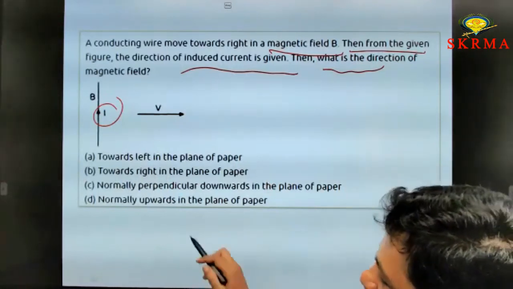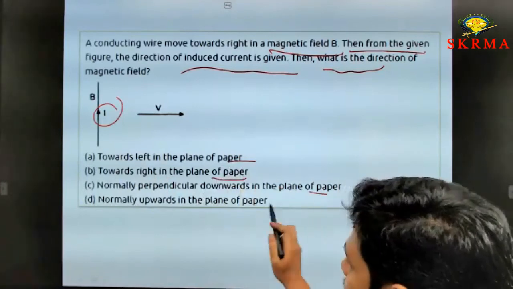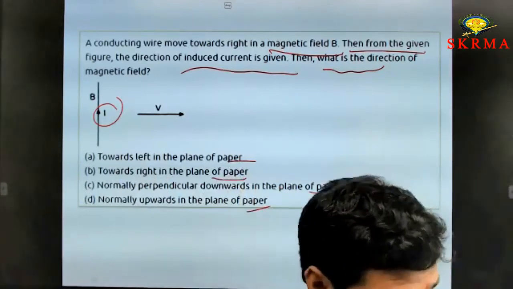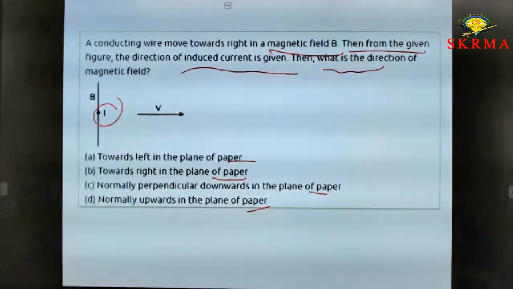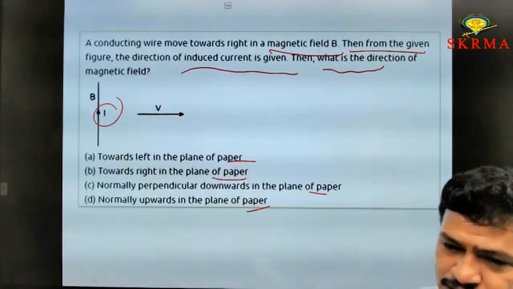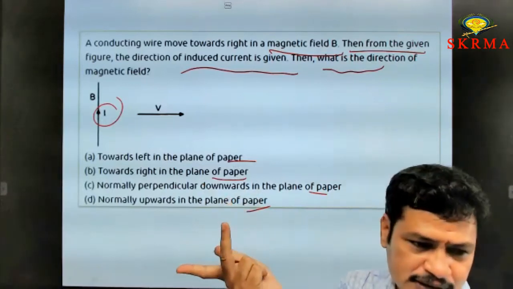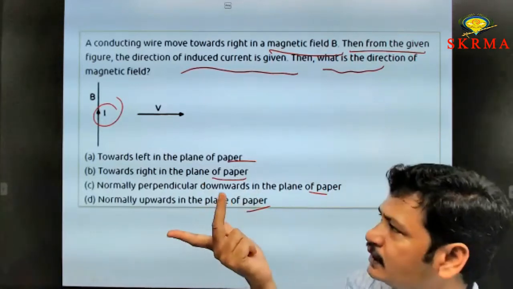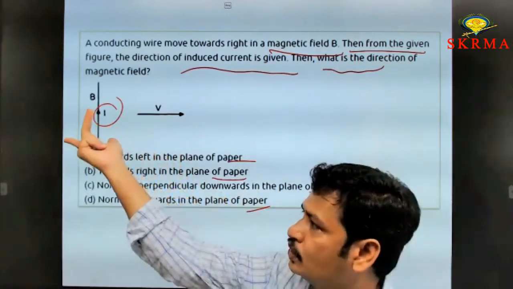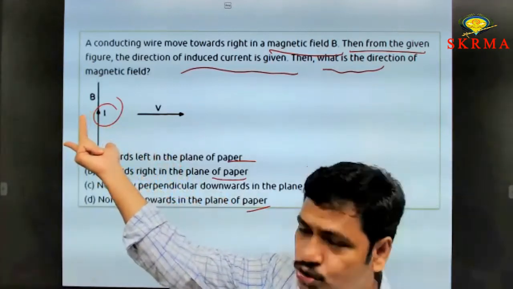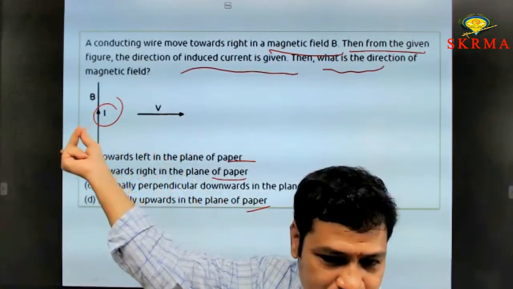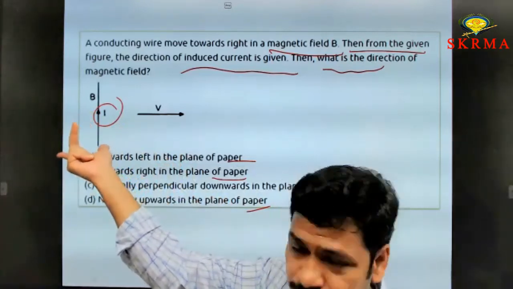The question is on the paper. If you observe this, the field is in this direction. Apply the right hand rule. The middle finger represents the induced current.